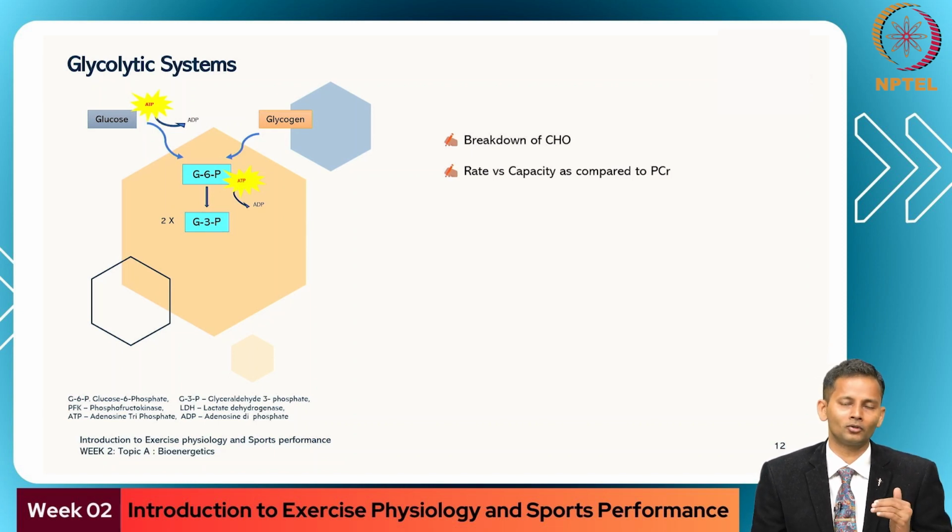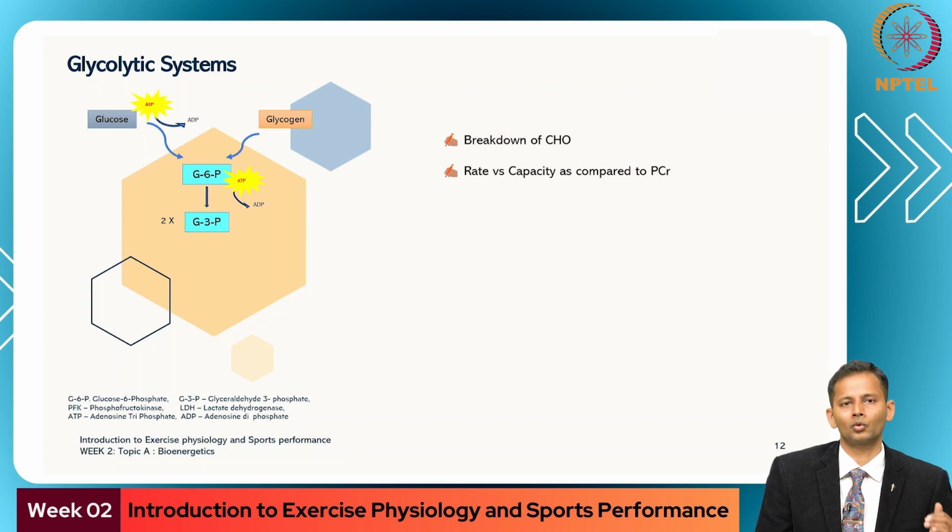So either of these molecules get converted into glucose 6-phosphate by again consuming one molecule of ATP. And this particular reaction, as we had discussed in the initial basics, is called an endergonic reaction, where the energy is absorbed for a chemical reaction.